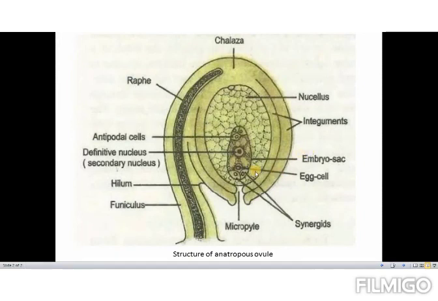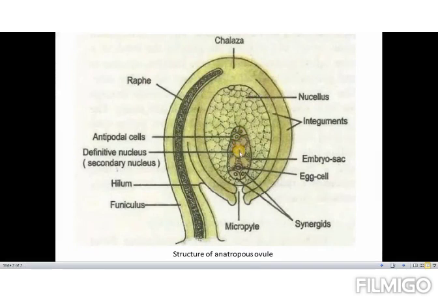This female gametophyte at the micropylar end has 3 cells. The side ones are called the synergids, and the middle one is called the egg cell. They all are haploid. At the chalaza end, again 3 cells are there, and these 3 cells are called the antipodals.